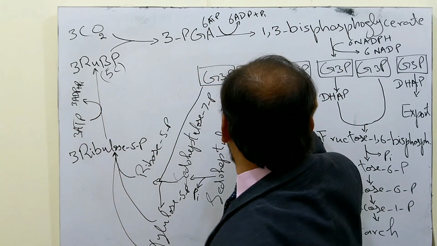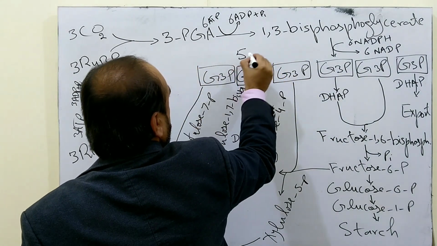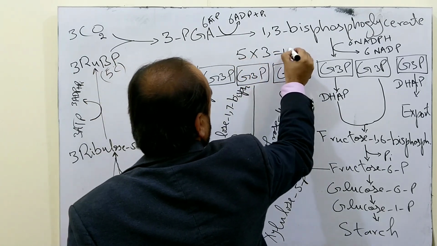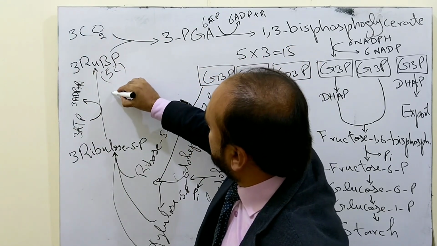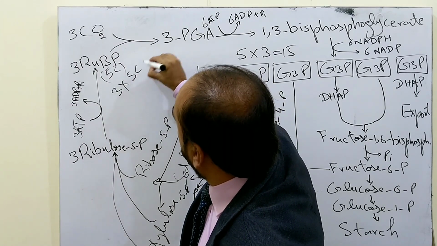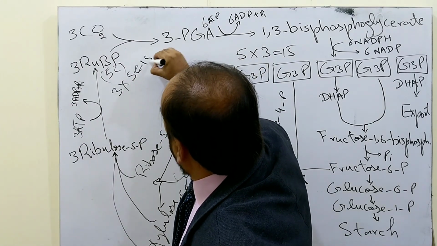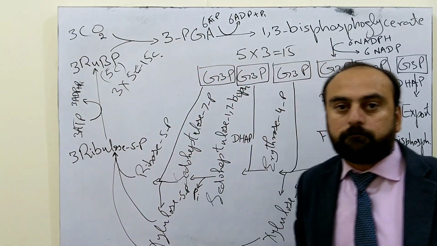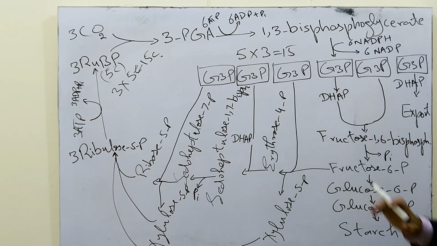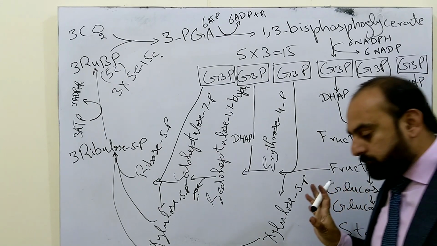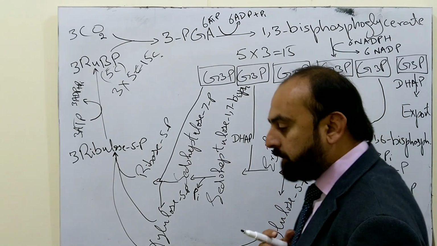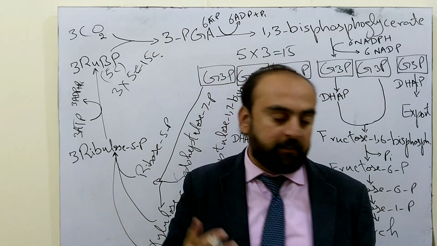So we are taking 5 3-carbon sugars and converting them into 3 5-carbon sugars, 15 carbon. So this is how you can understand this better in an easy way.